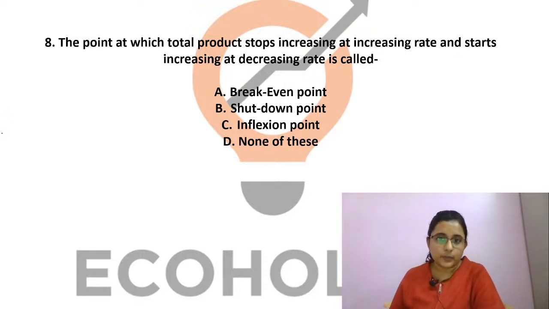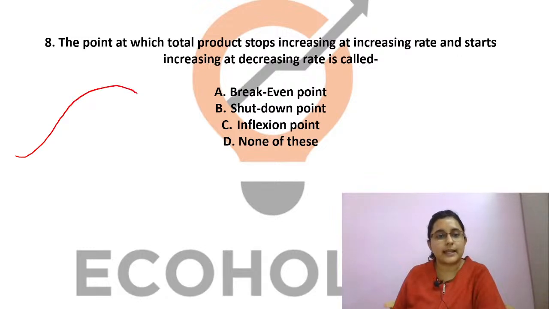Whenever you read any such question, the first thing you will do is draw a diagram. So I'll just draw a freehand diagram of the TP curve. What can I see? This curve is first increasing at an increasing rate, then it is increasing at a decreasing rate, it is reaching its maximum point, and then it is falling down, it is declining.